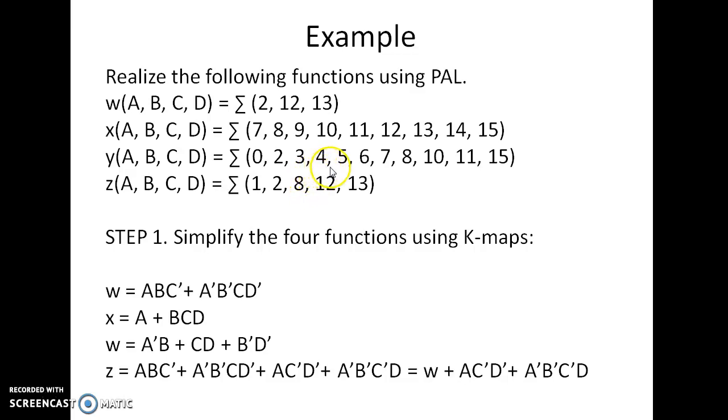If you simplify this sum of products, you'll get this. How will we simplify? Using K-maps. That is a different concept, so already you know that. If I simplify this particular W function, which is given in sum of products, you will get this.